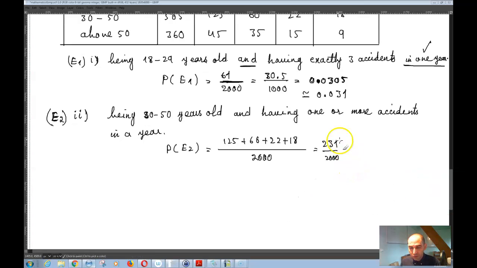Divide by 2, you will get 115.5, and dividing this by 1000, you'll get 0.1155.